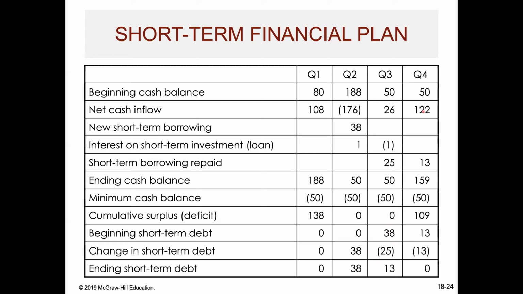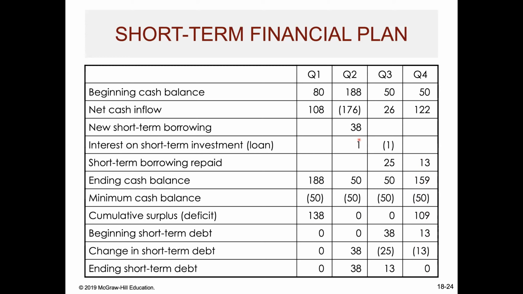We've got a significant cash inflow. We're going to pay back our short-term borrowing, which will leave us with an ending cash balance of 159. We have to keep a minimum of 50 on hand, which will leave us 109. And so you can see we've paid back our debt here. So that is the short-term financial plan.